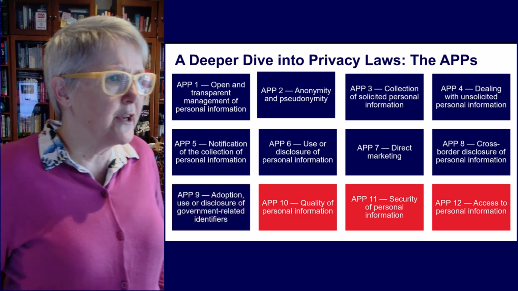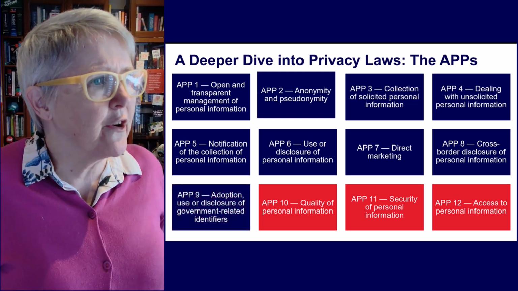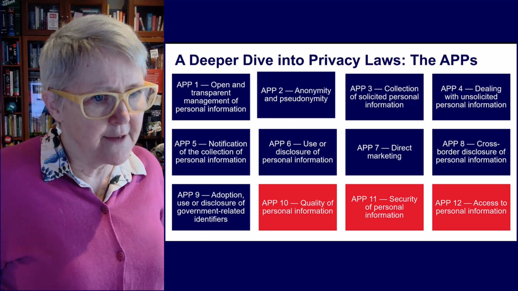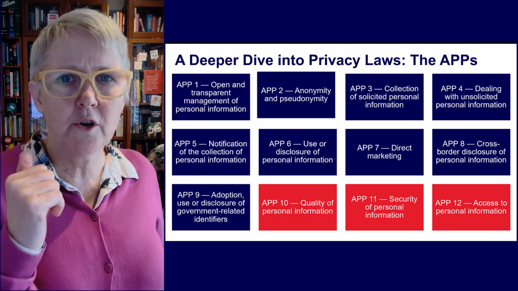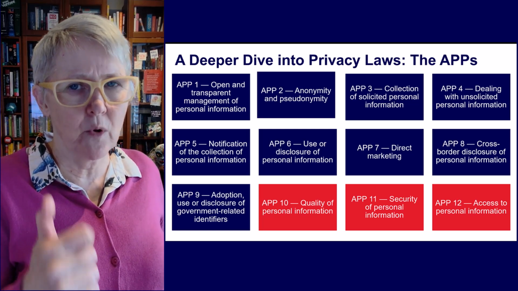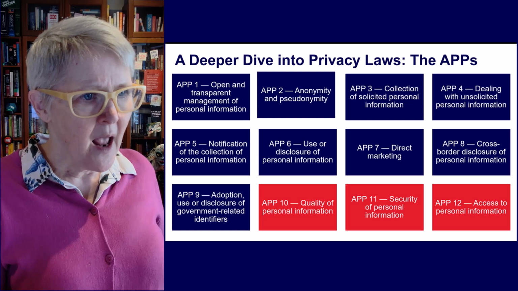APP 9 is about the adoption, use, or disclosure of government-related identifiers. So things like your tax file number, for example, or your passport number.